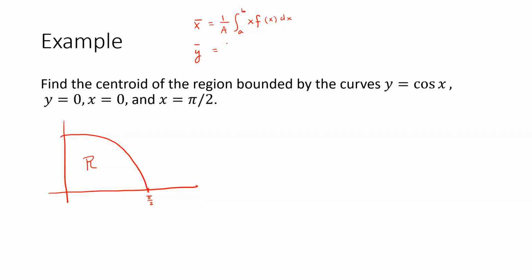And then for y bar, 1 over A integral of 1/2 f of x squared. In this case, the f of x is the cosine curve. And then we're bounded between 0 and pi over 2.